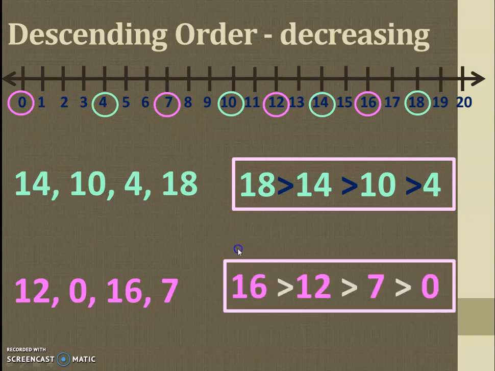Shall we check? Yes. 16, 12, 7, 0. Correct. Okay. And also check for the sign. The sign should come like this for decreasing order, whereas for increasing order, you'll have to do the opposite side. That's it.